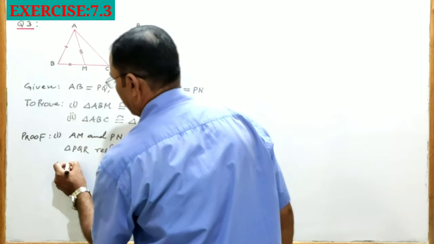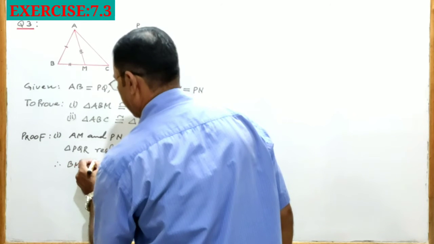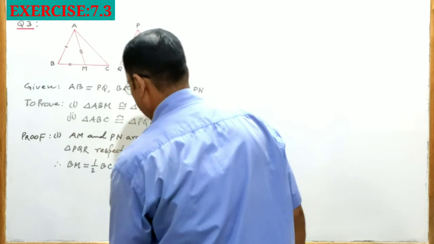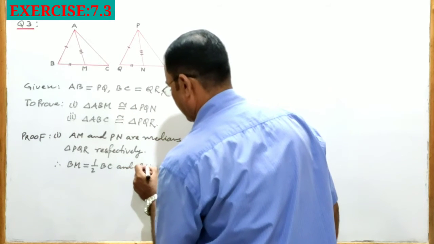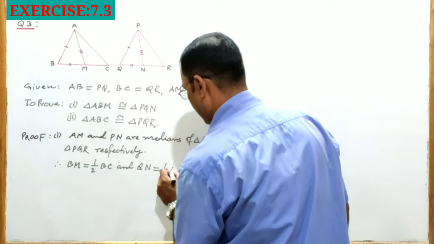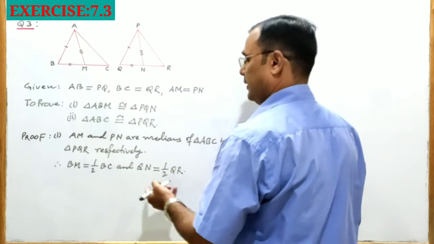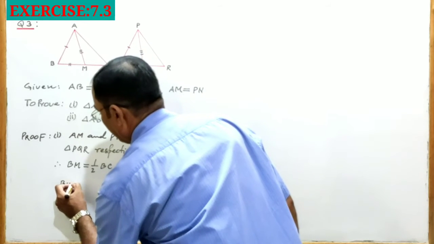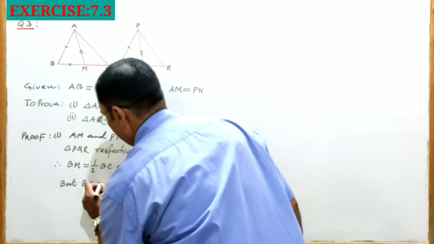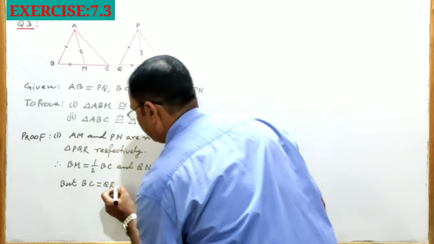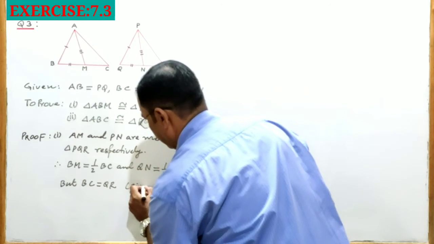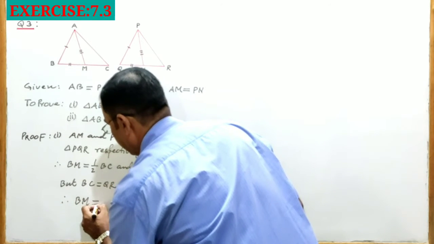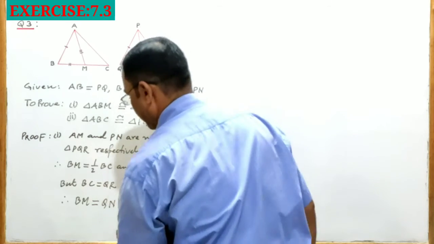Therefore, BM is equal to half BC and QN is equal to half QR, but BC is equal to QR. It is given. Therefore, BM is equal to QN.